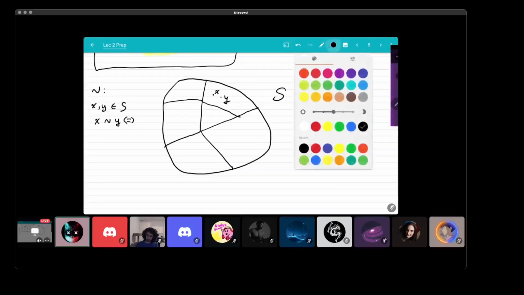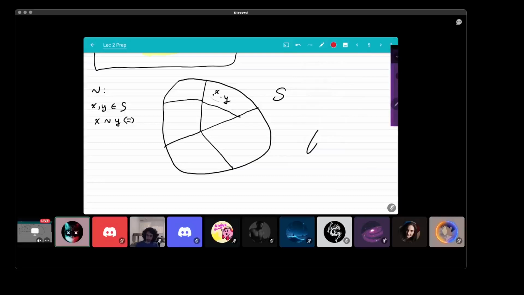So this, for example, here x and y are equivalent because they belong to the same portion. Here they're equivalent.